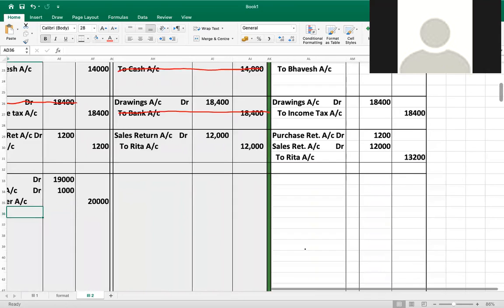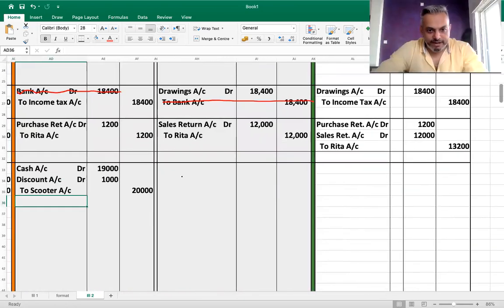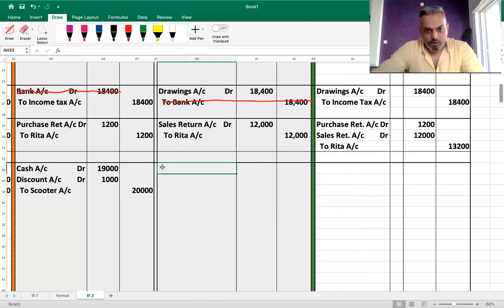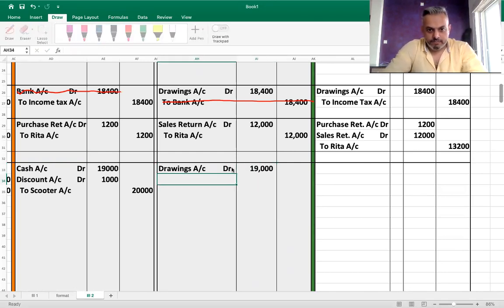Yes. So here we write the rectifying entry, sorry, we write the correct entry: drawings account debit, to cash account.